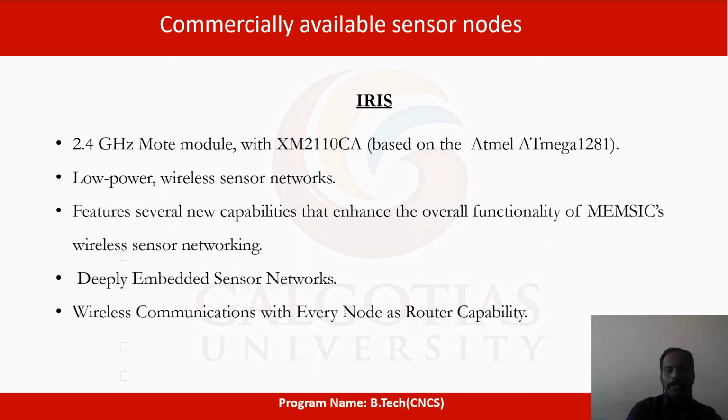Iris provides the user with a high level of functionality integration. It is designed to optimize the addition of wireless mesh network technologies for a wide variety of custom sensing applications. It provides three times improved radio range and twice the program memory over the previous generation of Mica motes.